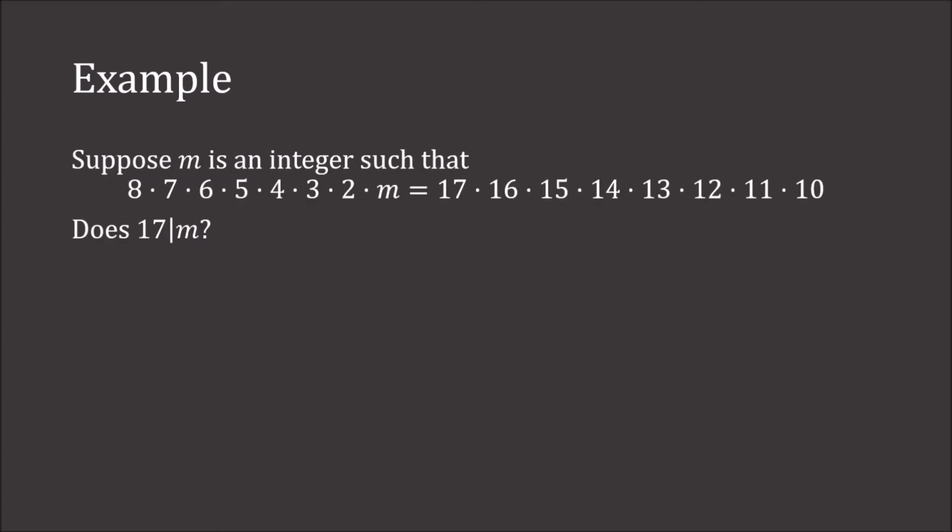Now let's suppose that m is an integer such that 8 times 7 times 6 times 5 times 4 times 3 times 2 times m is equal to 17 times 16 times 15 times 14 times 13 times 12 times 11 times 10. Does 17 divide m?